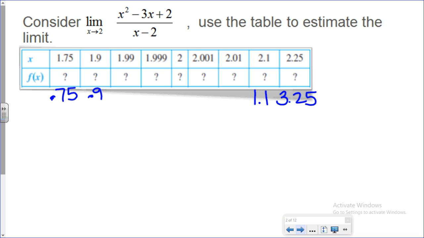How about for 1.99? We got 0. How about for 2.01? 1.01. Okay. 1.999. I said 1.999. You said 1 and I heard 3?